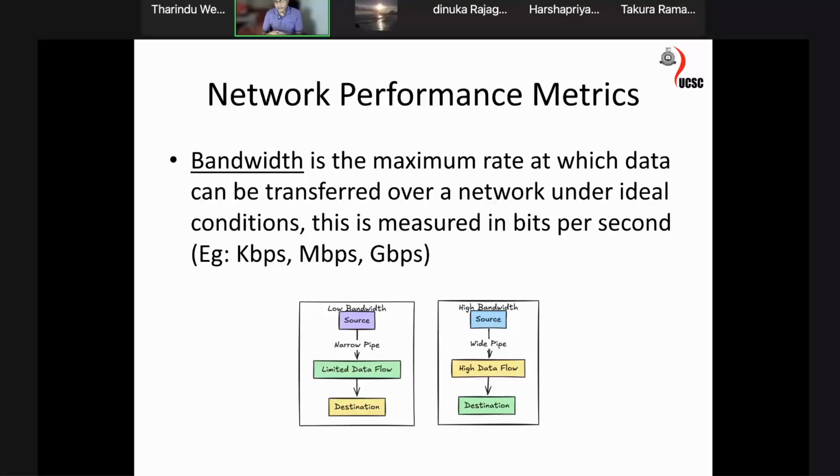Bandwidth is a kind of theoretical limit we use to purchase network devices or design the networks with the components. Usually it's measured in kilobits or bits per second. It can be kilo, mega, or giga, and sometimes tera as well.